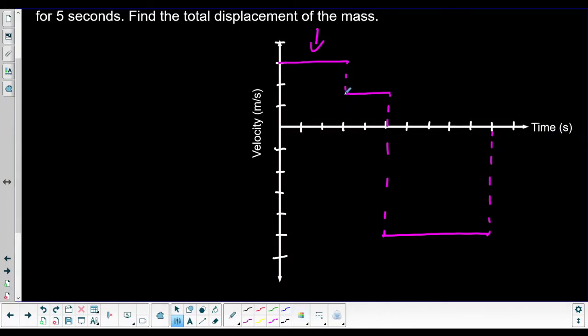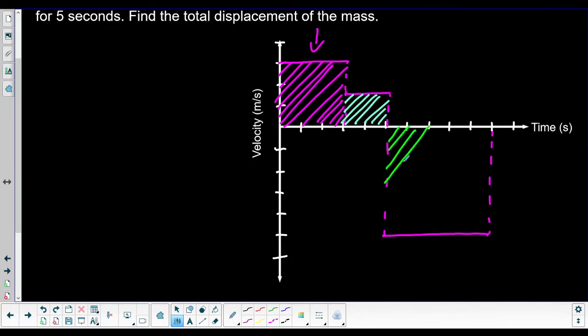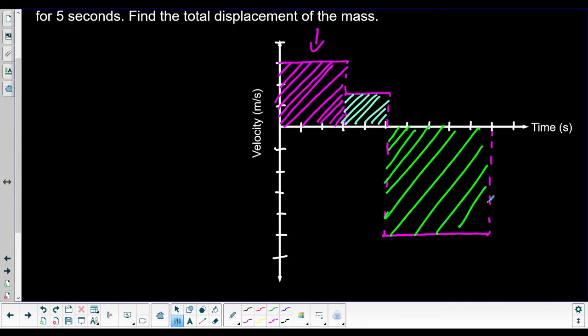So this first chunk right here, we're going to want to find this area right there. Then we're going to need to find the area of this. And then lastly, we're going to find the area of this right here. All right, doesn't need to be perfect shading, but you know. All right.